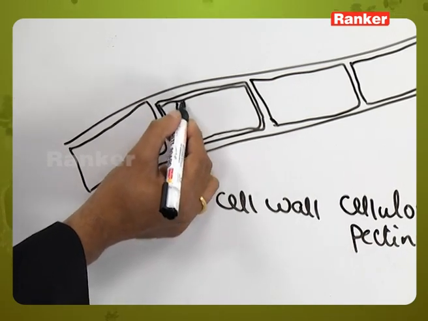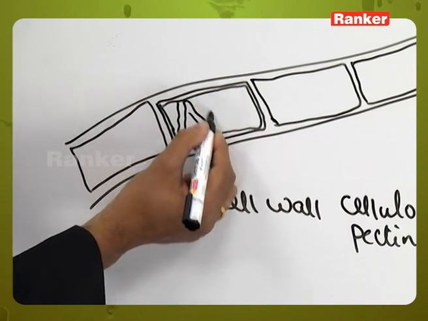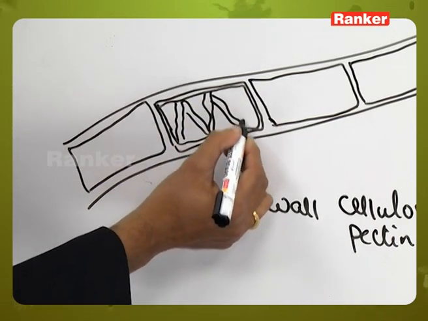Here the chloroplast is in the form of spirals like this.